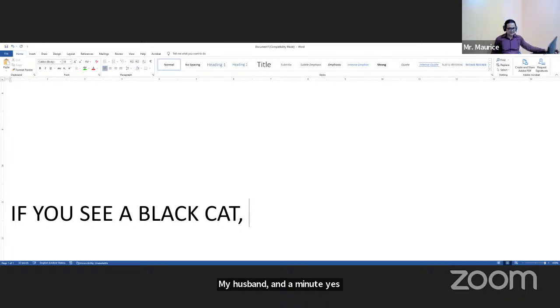Yes, correct. Entonces, como acaba usted de decir, esa es la consecuencia. La acción, ver un gato negro, la consecuencia, mala suerte. Repito, no vamos a hablar de las supersticiones, pero sí a tomarlas como referente para entender mejor el condicional 1.